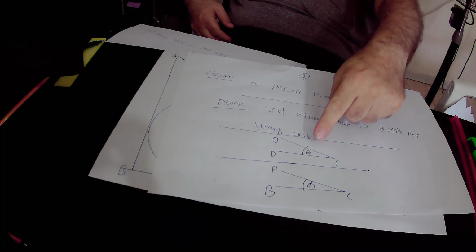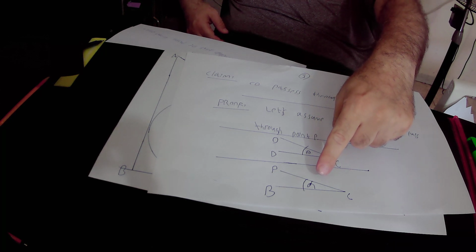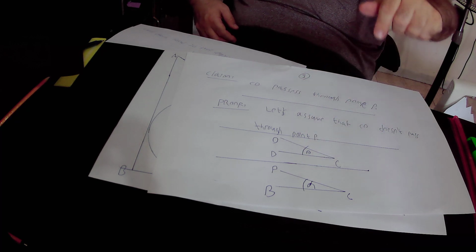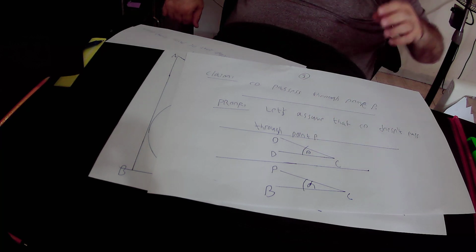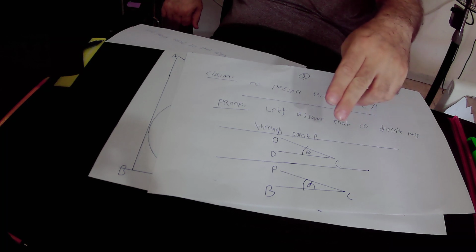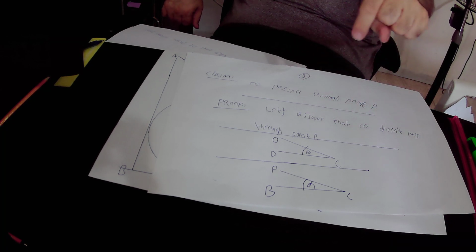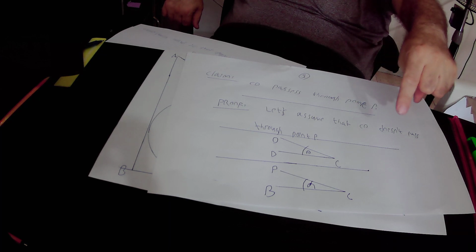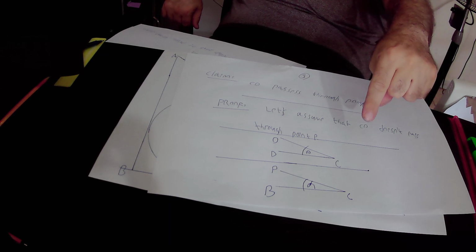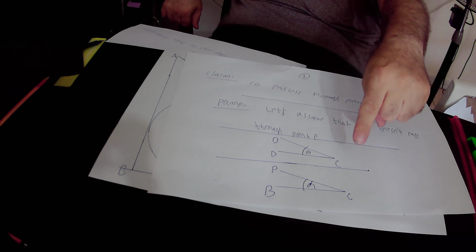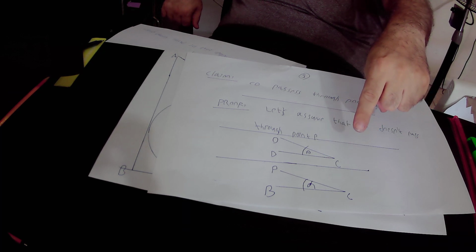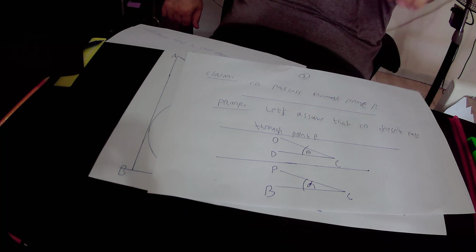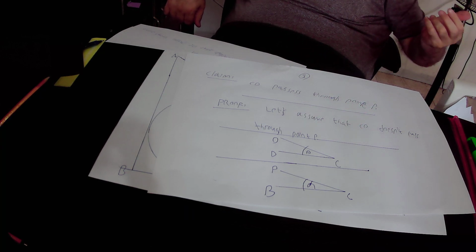So if this angle is theta, the other angle must be alpha, that is not equal to theta. Okay, because we have one leg that is a common leg, and the other leg is not a common leg, because the other leg is not located on the same straight line. Why? Because points C, O, and P are not on the same straight line according to our assumption.